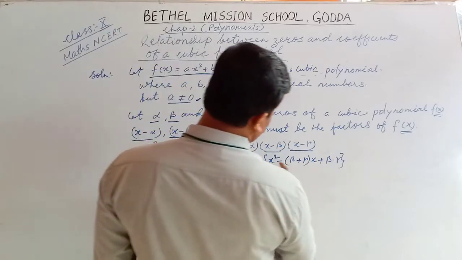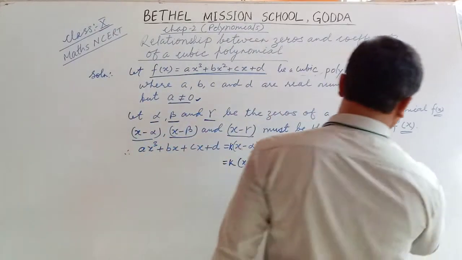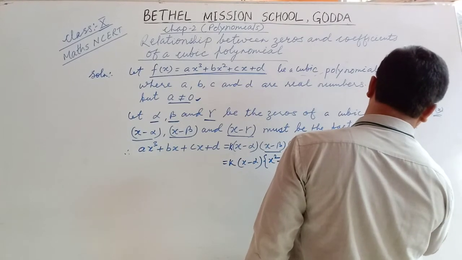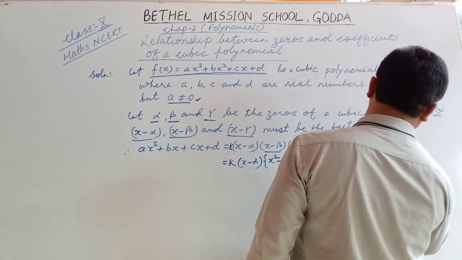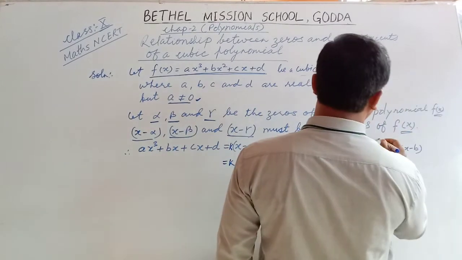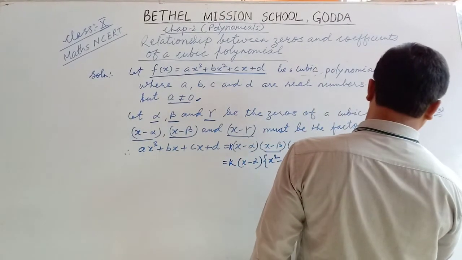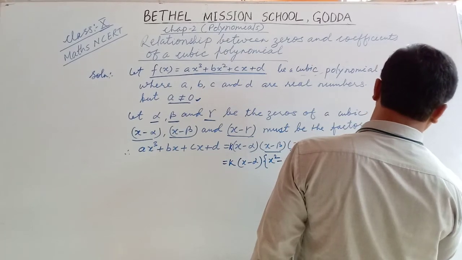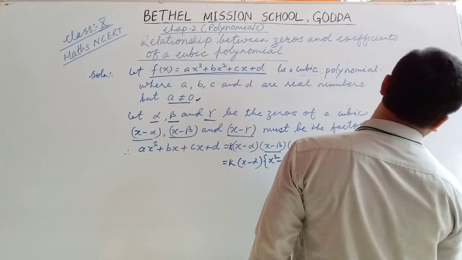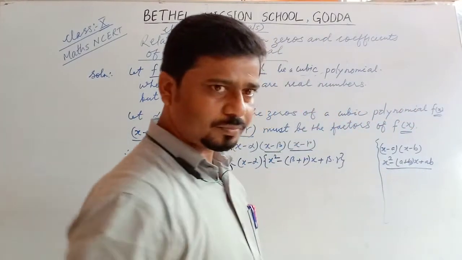I applied one identity here: x minus a into x minus b equals x square minus a plus b into x plus ab.